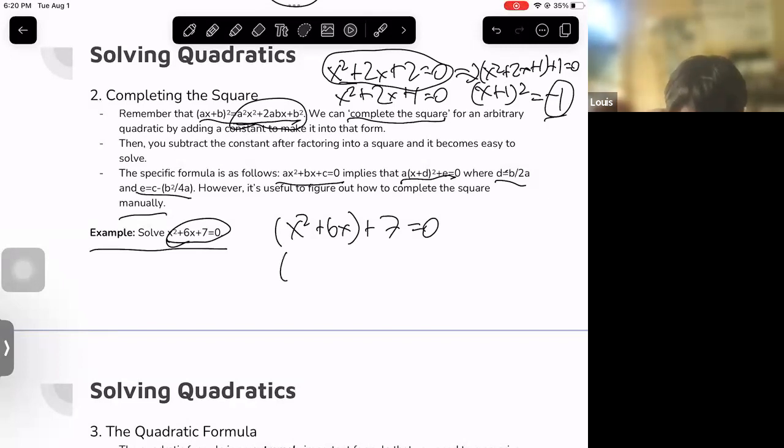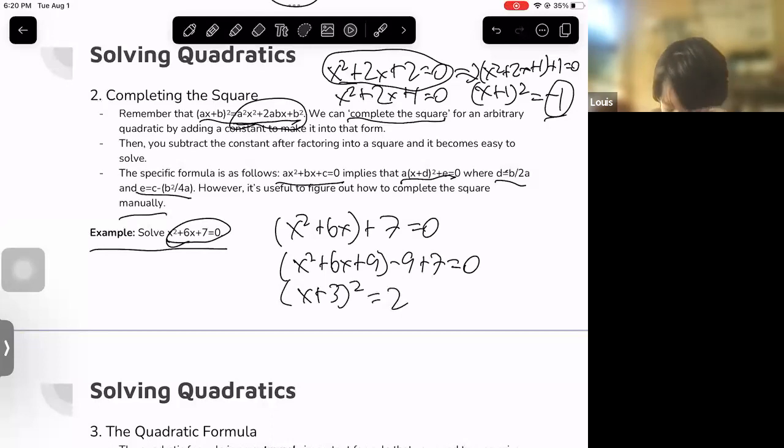If we add the constant to this expression and subtract the constant again after, it will give us x squared plus 6x plus 9 minus 9 plus 7 equals 0. So x plus 3 squared would equal 2. After that, we would have that x plus 3 equals plus minus root 2.